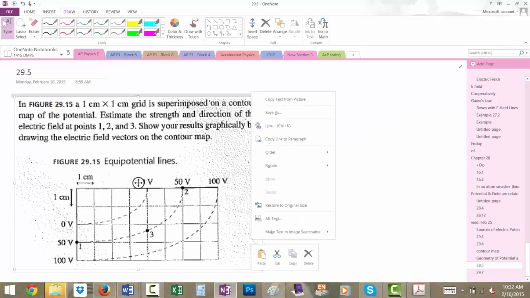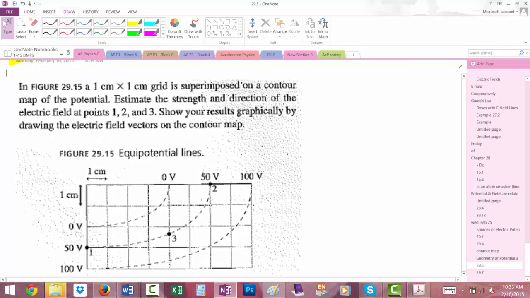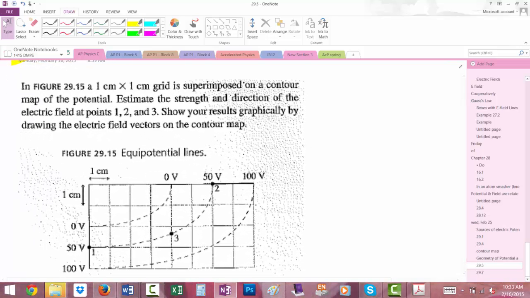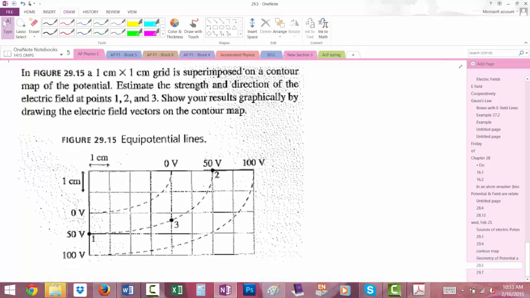This is example 29.5. Example 29.5. It's figure 29.15. And this is just kind of a sketch problem to kind of keep in your head how to work this. So we've got 3 equipotentials that are graphed on this centimeter by centimeter grid.